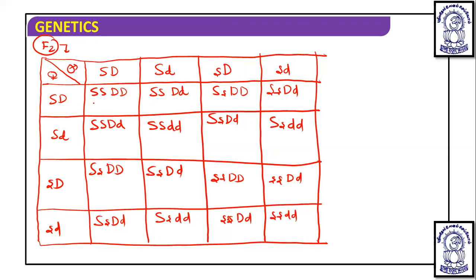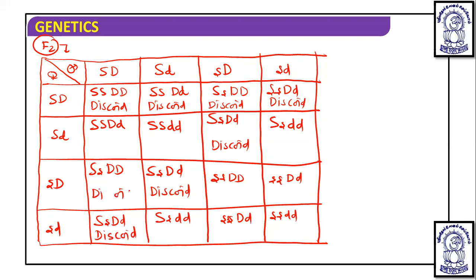Now, if we write the phenotype, when both are dominant, it is going to be discoid. Why? Because both genes are in dominant form, that is S and D. So this shows the additive effect or polymeric effect.